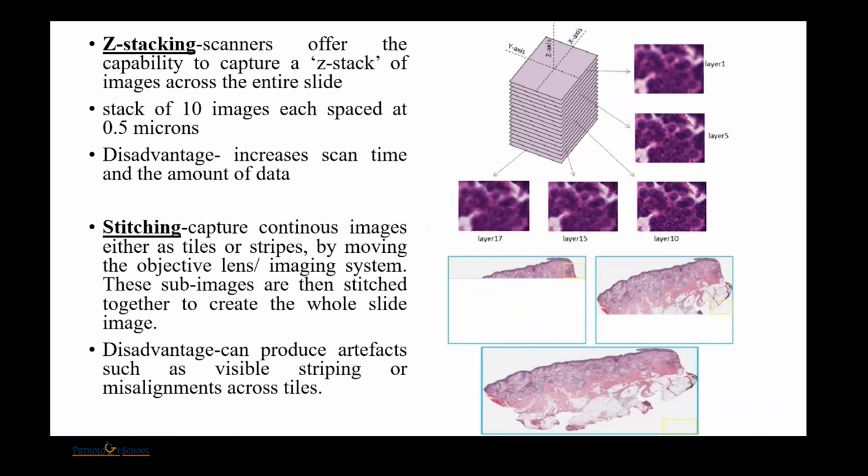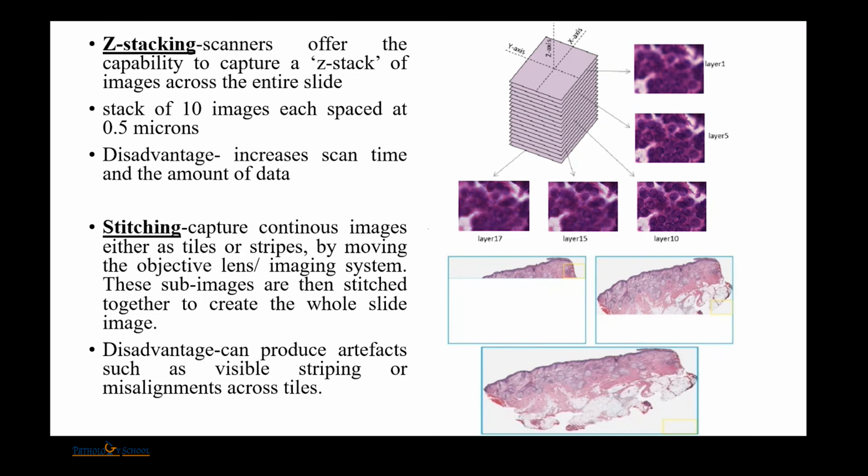Now, to combat this out of focus area, there's a new feature called Z stacking. In traditional microscopes, when you move your stage, you basically move it in your X and Y axis. But there is a third axis, the Z axis, which bisects through it. That axis is used as the Z stack.